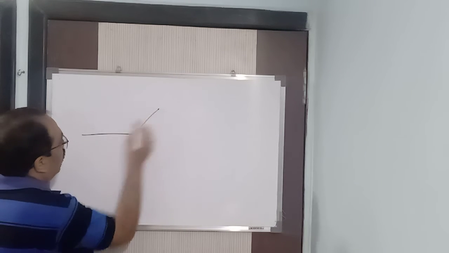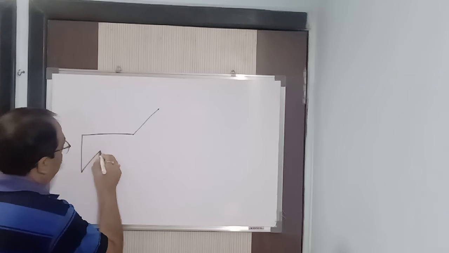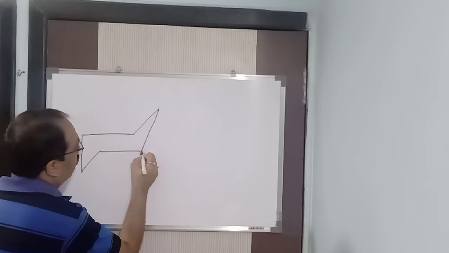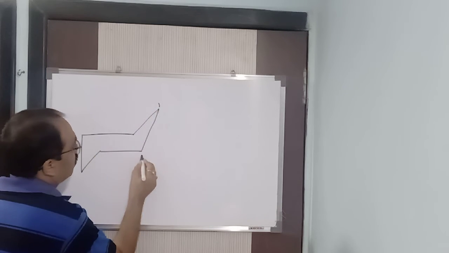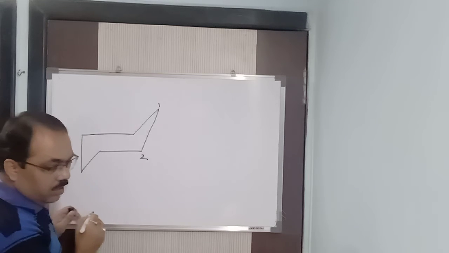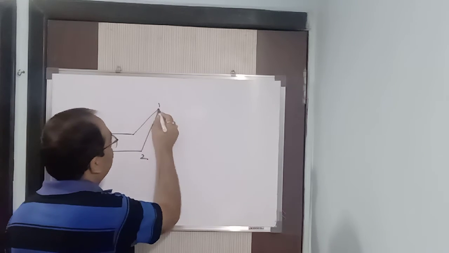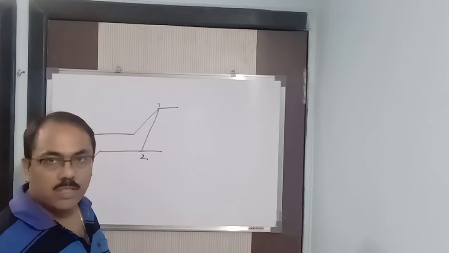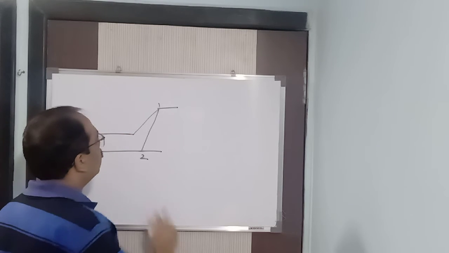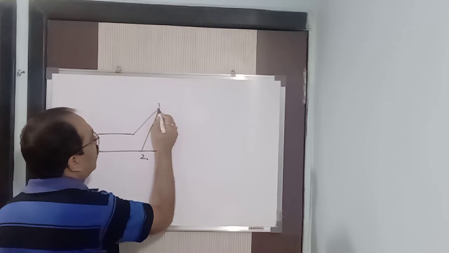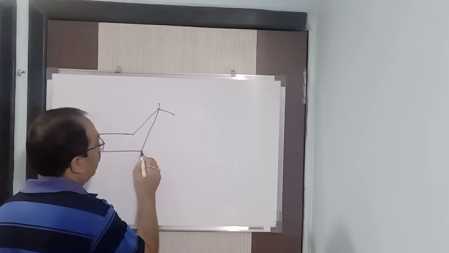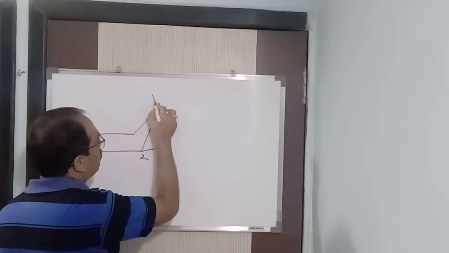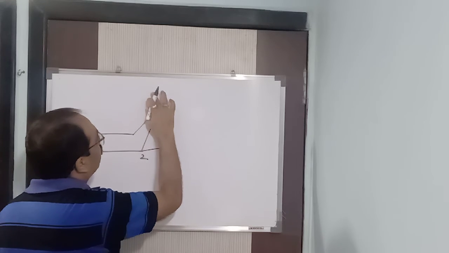Now let me draw a chair conformer. Let us say this is the first carbon and the second carbon. It is not exactly in this way, it is a little bit bent, and this one is perpendicular.